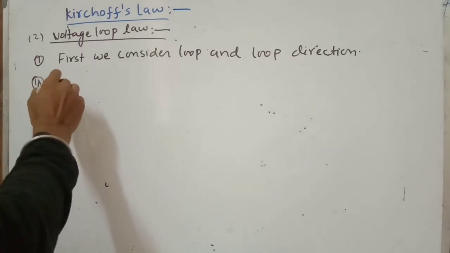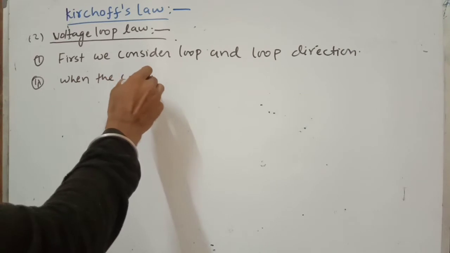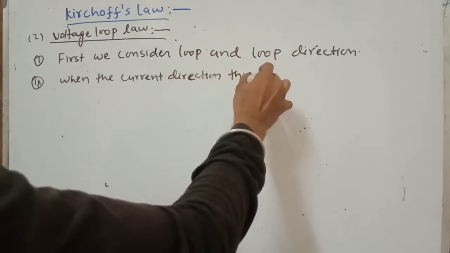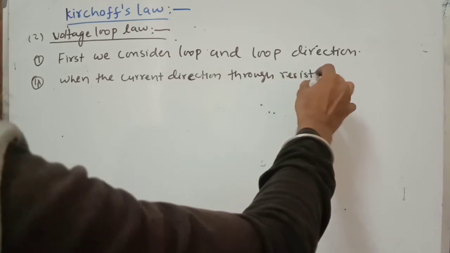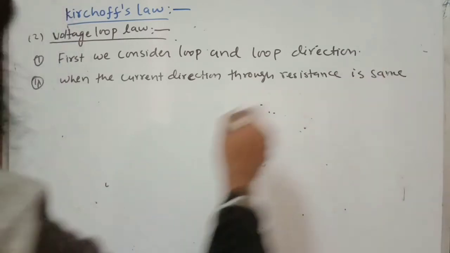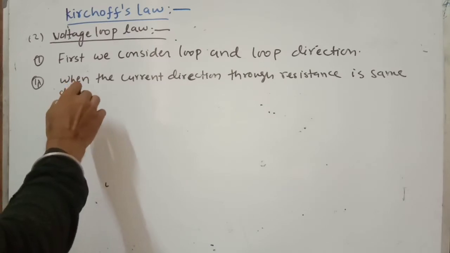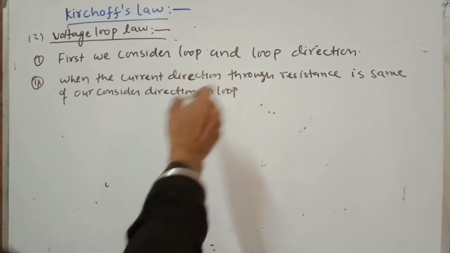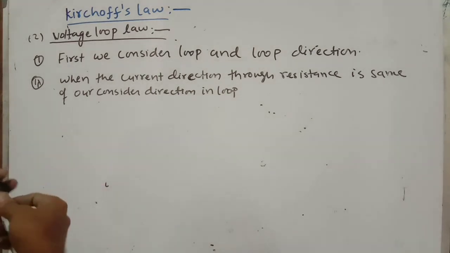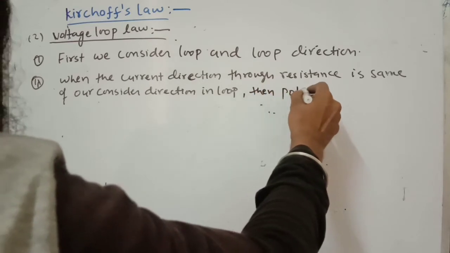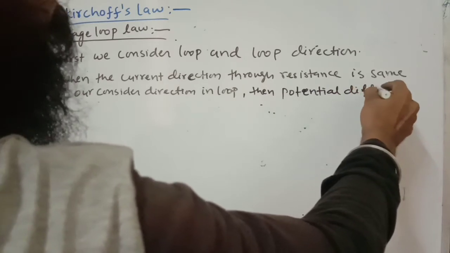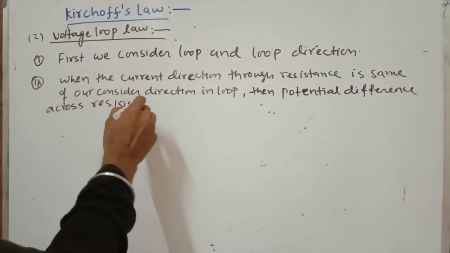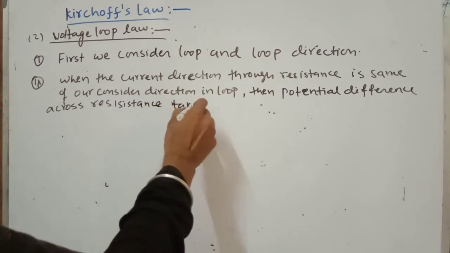So when the current direction through resistance is same as our considered direction in loop, then potential difference across resistance, take negative.